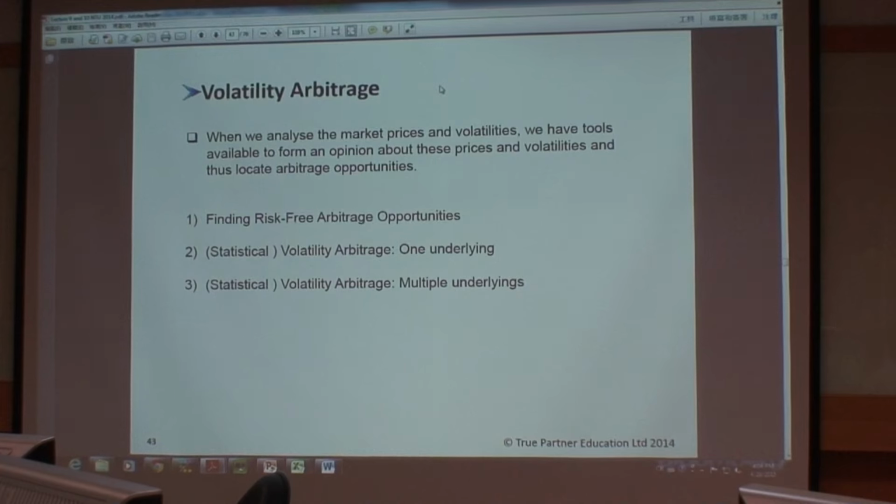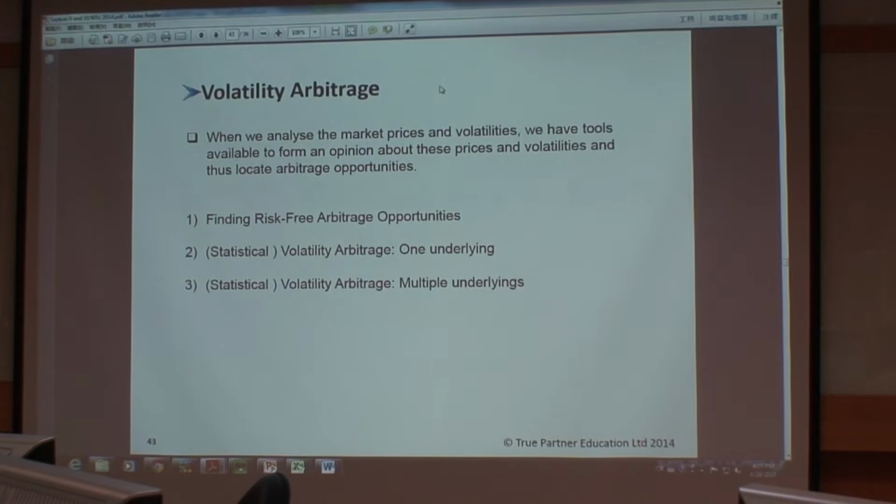But what if you're not a market maker? What if you just stand on the outside, take a look, and the only thing you're asking is, am I actually agreeing with all these volatilities out there? If you look at that, then you get towards the realm of volatility arbitrage. So we have a lot of tools available, a lot of relationships to compare different options, different maturities, and different moneyness, and to say maybe things are a bit out of whack.